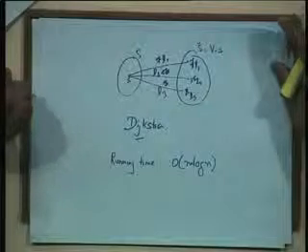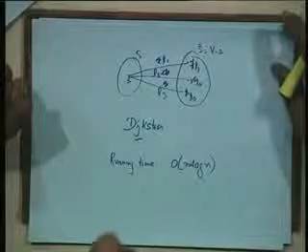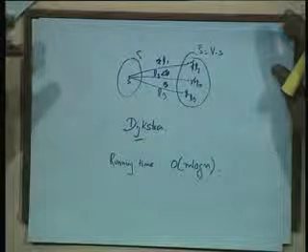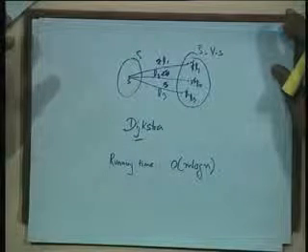Okay? This algorithm would not work if the graph had edges of negative lengths. In fact, if a graph has edges of negative length, then sometimes there is no notion of a shortest path. Do you understand what I am trying to say?